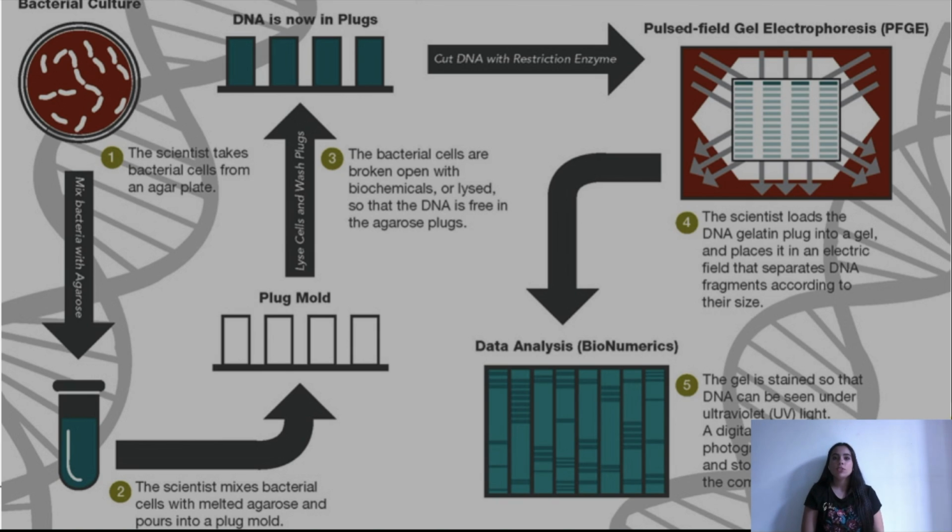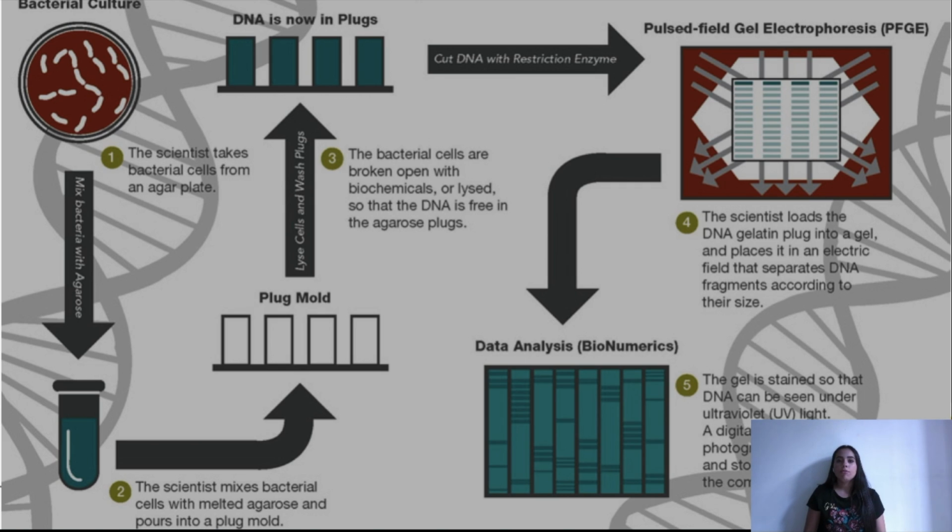To make a PFGE, first we have a blood sample and with it we make a blood culture. Then this blood culture is added to agarose and then we break or release the cells so we get the DNA free in this agarose.